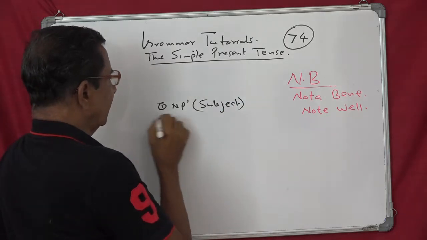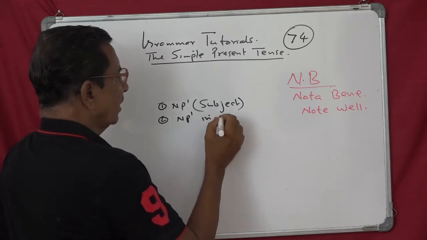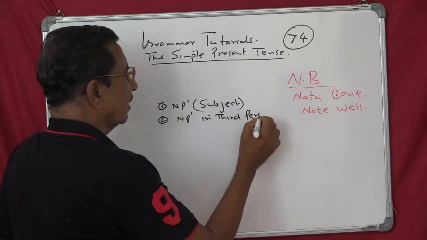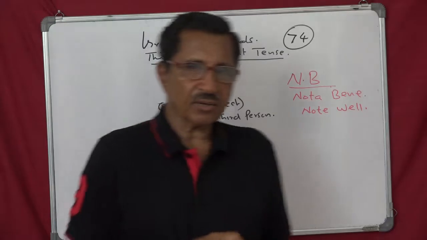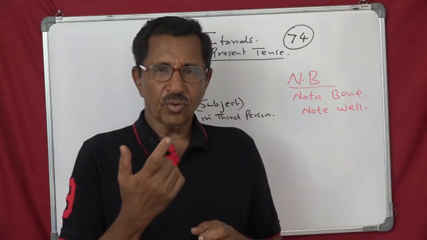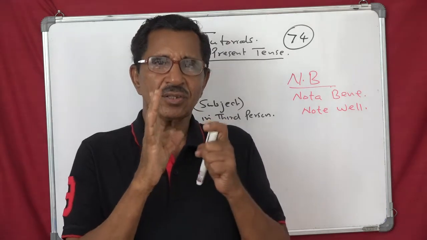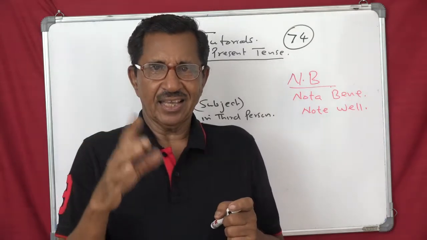Second is NB1 in third person. Third person means all those things which are not I and you. All the things which are not I, you, we. They are third person.